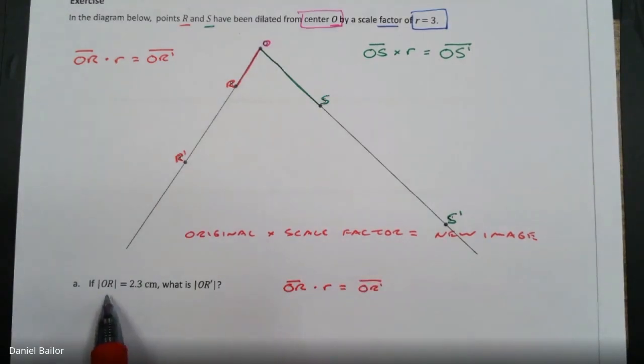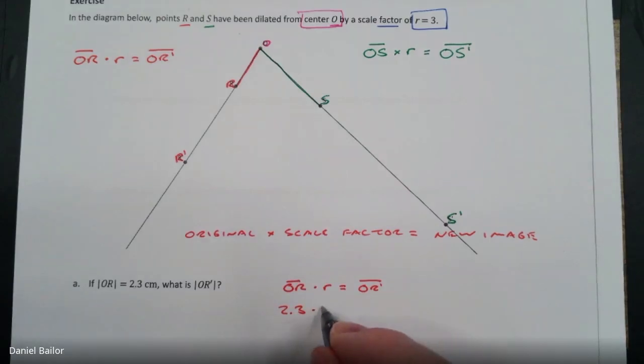So they tell us OR is 2.3, and the question tells us the scale factor is 3. So 2.3 times the scale factor 3 equals OR prime. Now for this, I'm okay if you use a calculator, but 2.3 times 3 is 6.9, which means OR prime is 6.9.